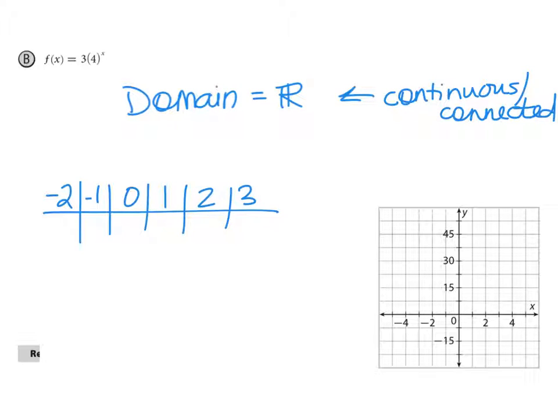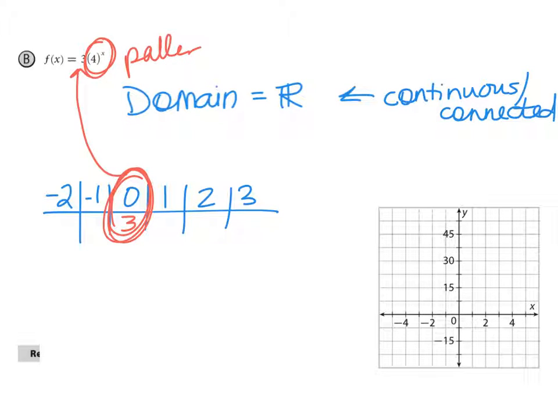So remember, mathematicians start with 0, and our starting point is this 3. So start is 3. And then 4 is our pattern. That means I need to be multiplying by 4. So if I multiply by 4, I get 12 and 48 and 192.